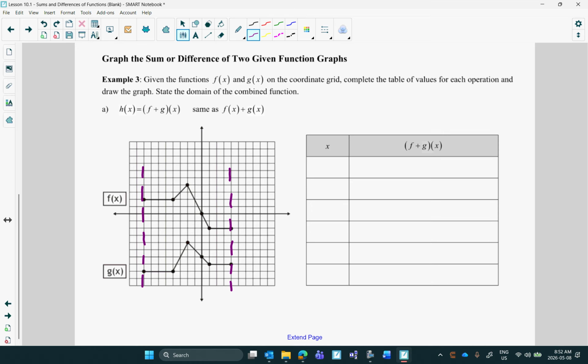So what I want to do to graph it is pick relevant points. And notice you're given 5 points where x is -8, where x is -4, where x is -2, x is 0, x is 1, and x is 4.